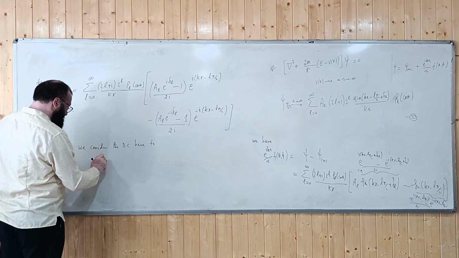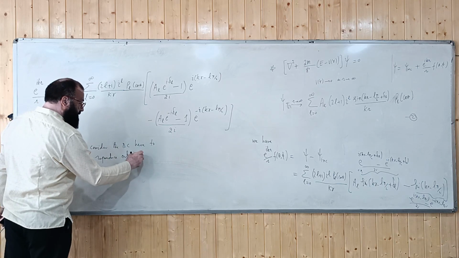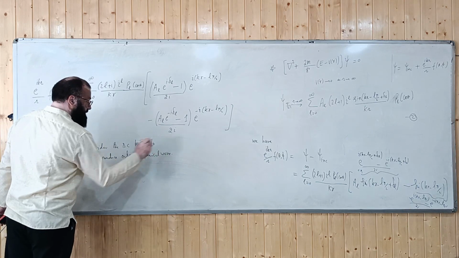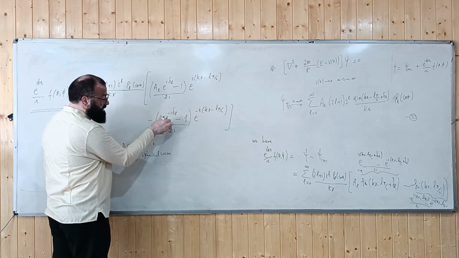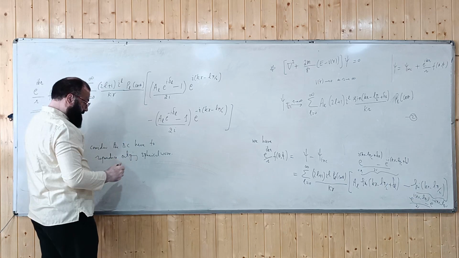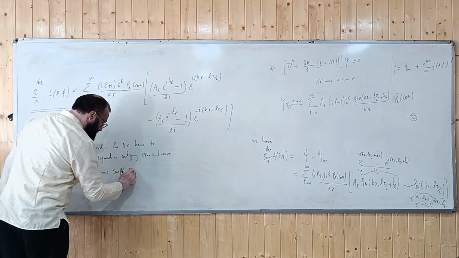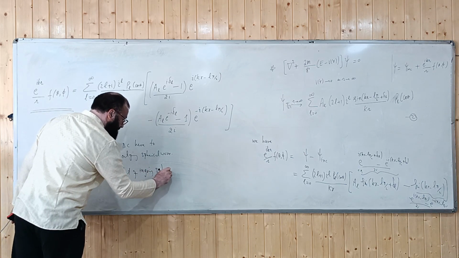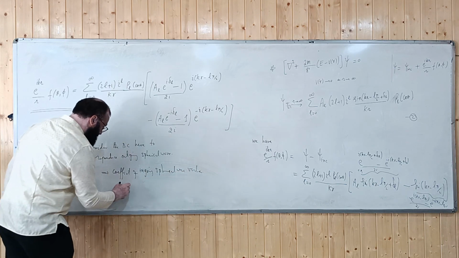To reproduce the outgoing spherical wave, the coefficient of this ingoing spherical wave should be 0, which implies the coefficient of the ingoing spherical wave vanishes.